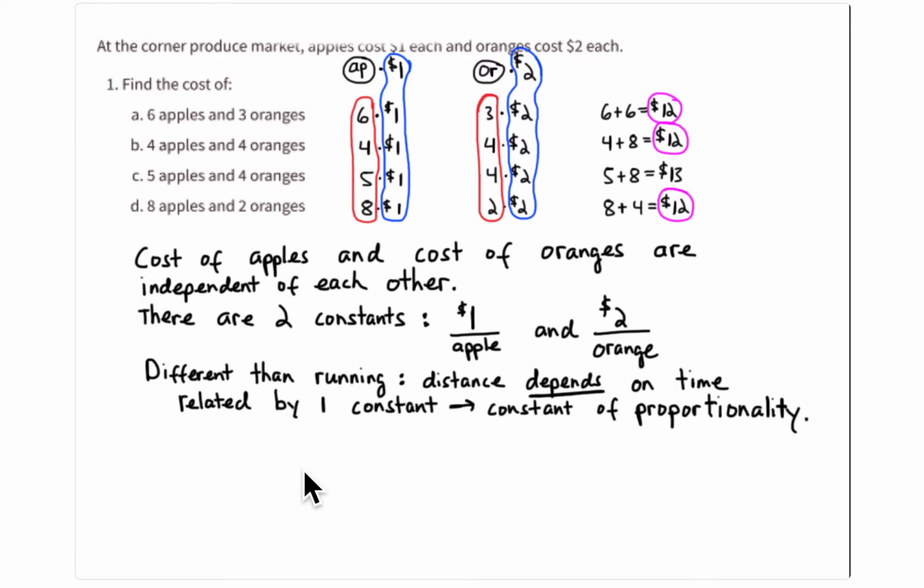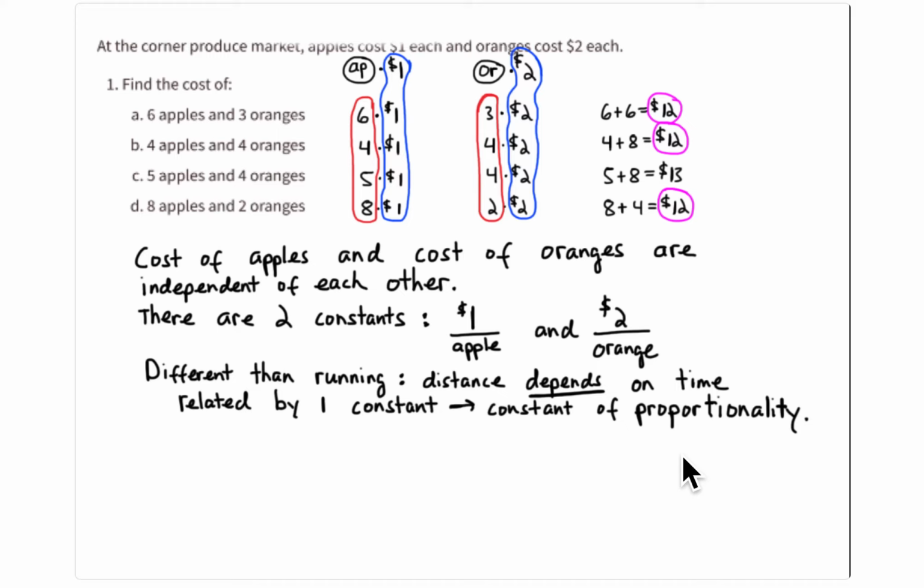Now this is different than the problems that we've done up to this point. In the problems we've done up to this point, there is a dependence between the two properties. So for example, when running, the distance that you run depends on the time that you run. They are related by one constant, that constant of proportionality. So it's distance per amount of time. So there is a relationship there.